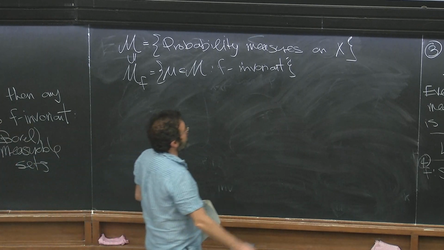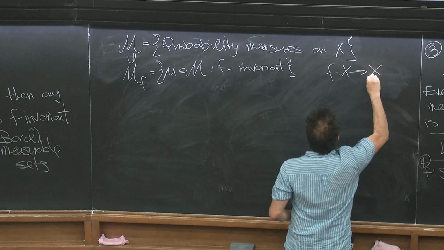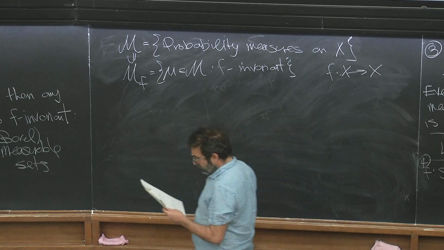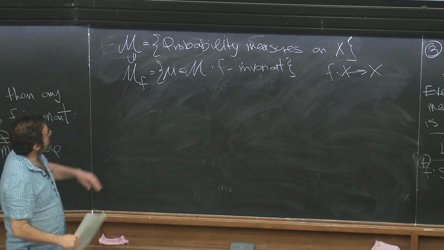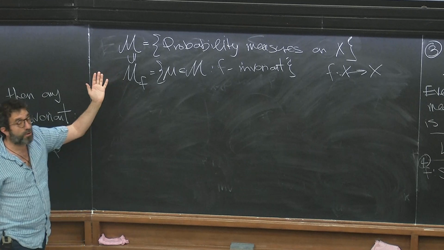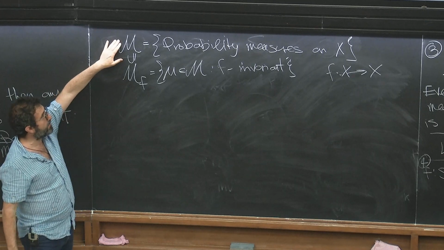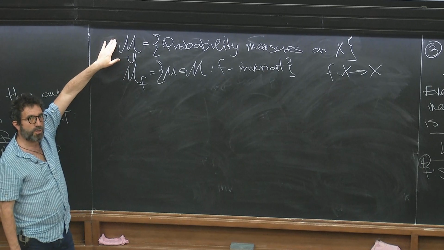So we're assuming that we're given some map on some metric space. We don't know whether MF is non-empty or not. We know that M is non-empty. Why do we know that the set of probability measures is non-empty?